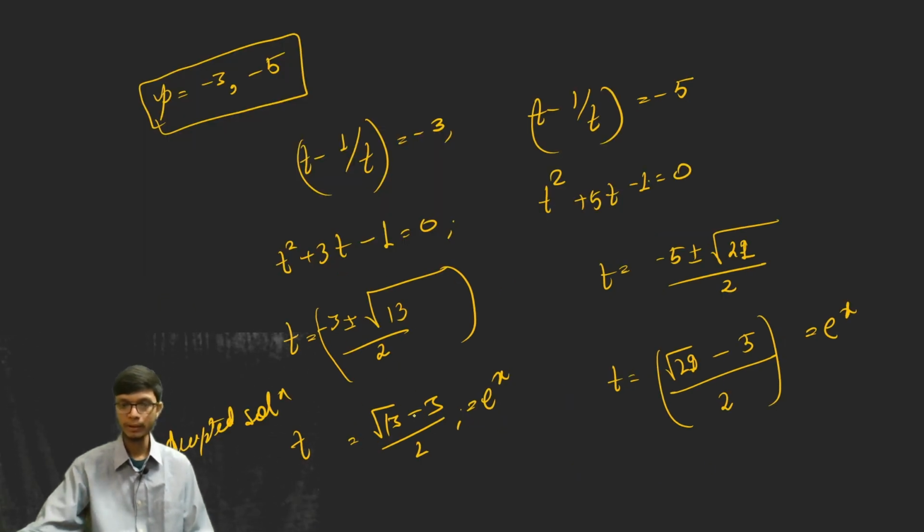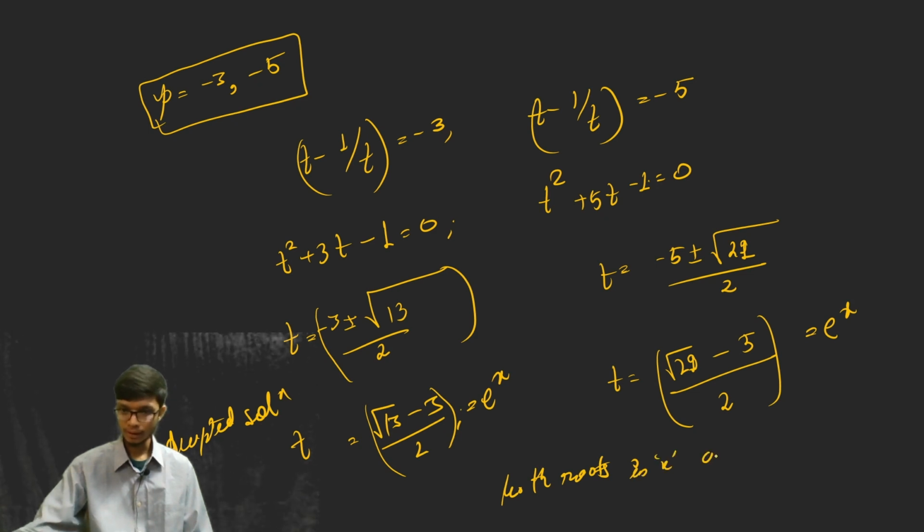Root 13 minus 3 by 2 is obviously less than 1, and similarly root 29 minus 5 by 2 is also less than 1, which means both roots in x are negative values.